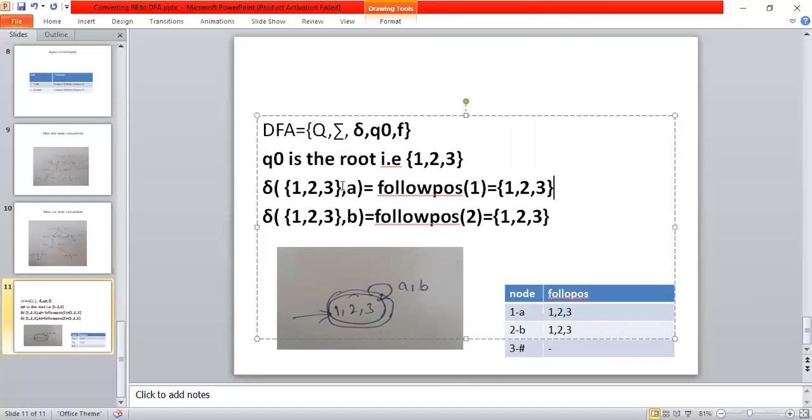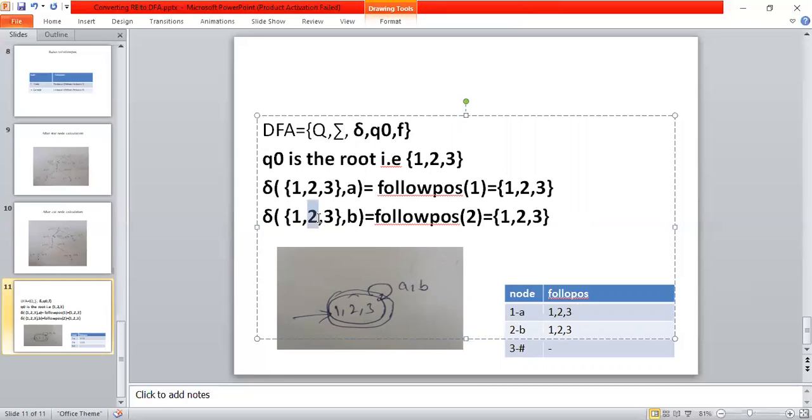Similarly, for the same state, I'm constructing the transition with input B. Delta of 1, 2, 3 comma B. Again go for 1 with B. Do you have any state? No, I have 1 with A, so this value is null.